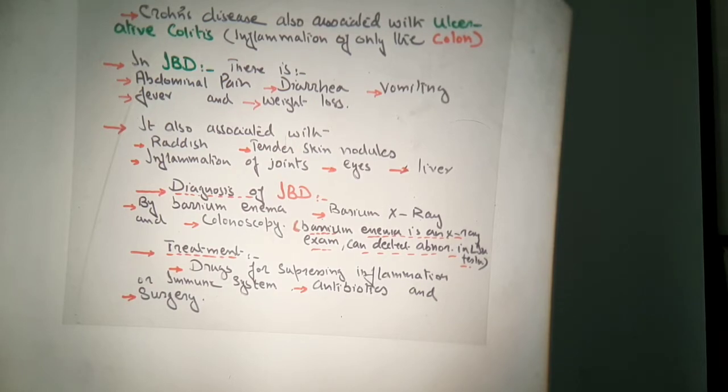Now, treatment of this inflammatory bowel disease involves drugs for suppressing inflammation or the immune system. Here the question arises that the immune system must be strong to inhibit infection or any kind of inflammation. But in this case, drugs are used to suppress the inflammation and the immune system, because activation of the immune system is a factor in inflammatory bowel disease.